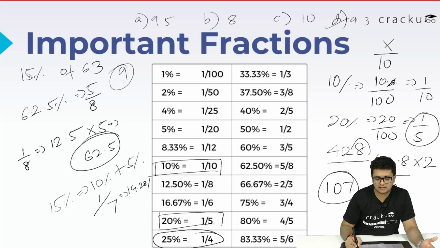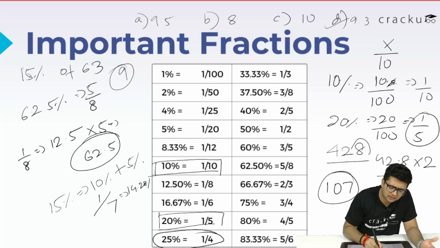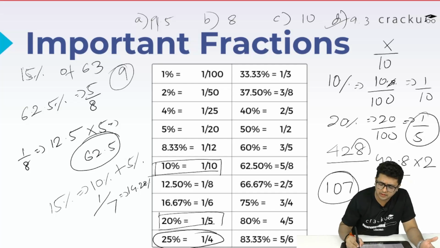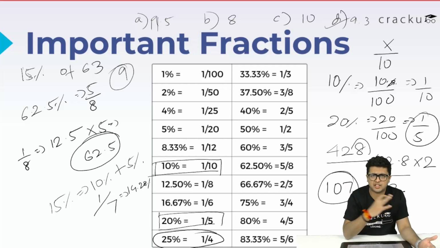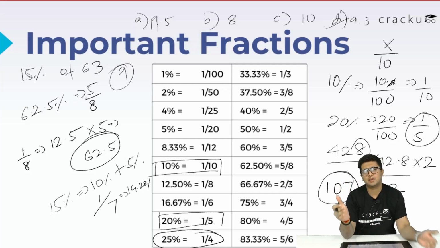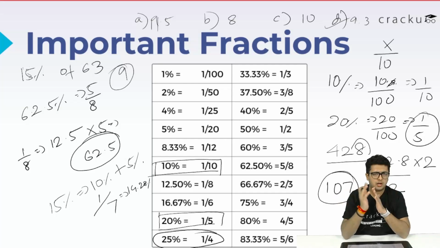You know this is the correct answer. So let's make this option as, let's say, 11 or something. We can make D as 9.3. That is definitely going to be the answer because it's the closest thing to 15%. So basically, using fractions to understand percentages, approximating it as close as possible, can be very, very helpful.